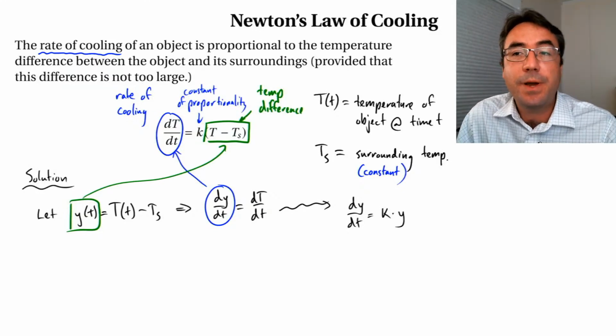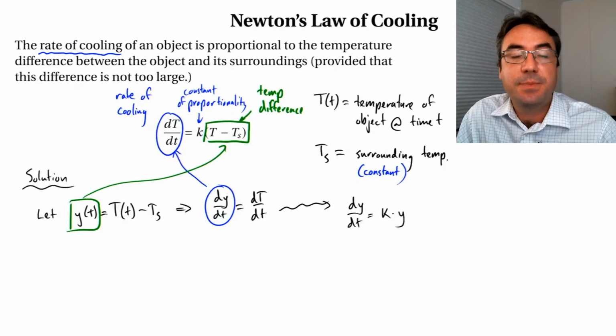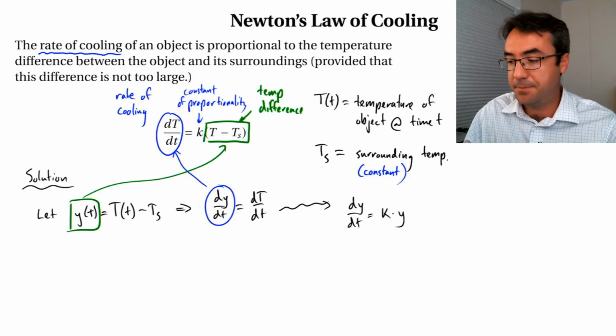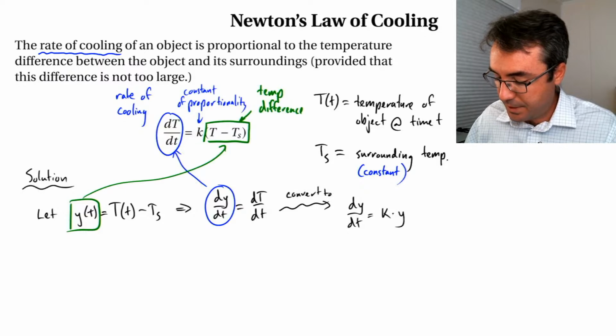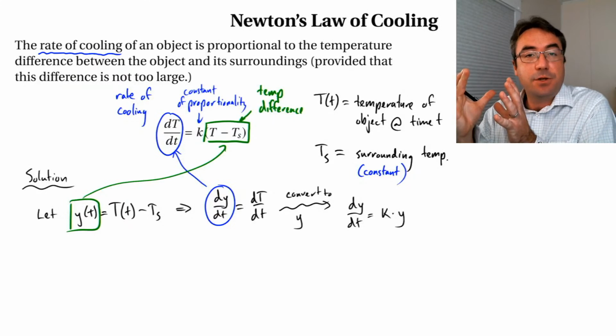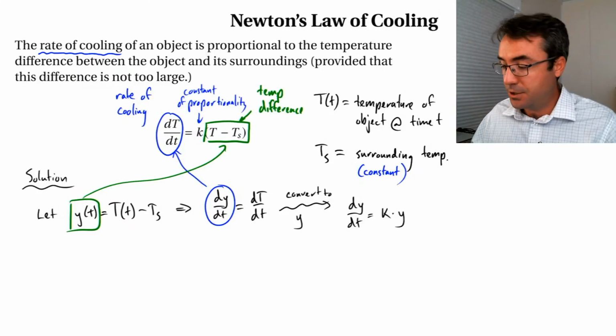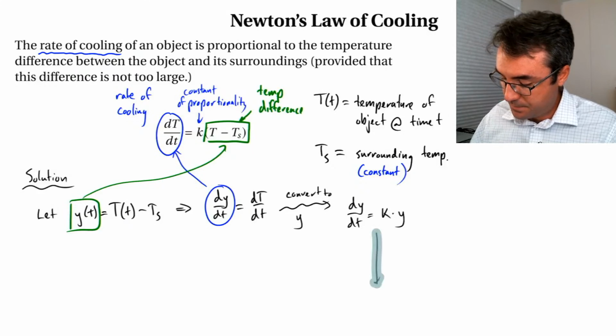And that differential equation is the first one we looked at when we were talking about exponential growth and decay, and we saw how to do that. So we did a change of variables that produces a differential equation that we already know the solution to. So we could just solve that differential equation.